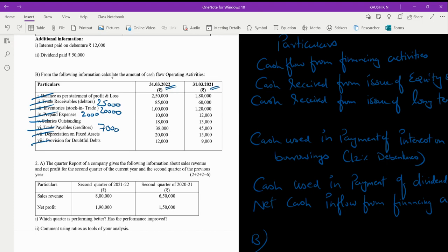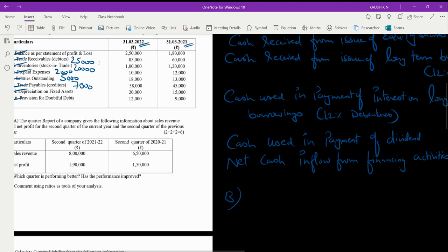Add or subtract? Very good. So how much has it increased by? Very good, 5,000 rupees. When you do these things, add and subtract, you will get the final value. So that is what we are going to do now.